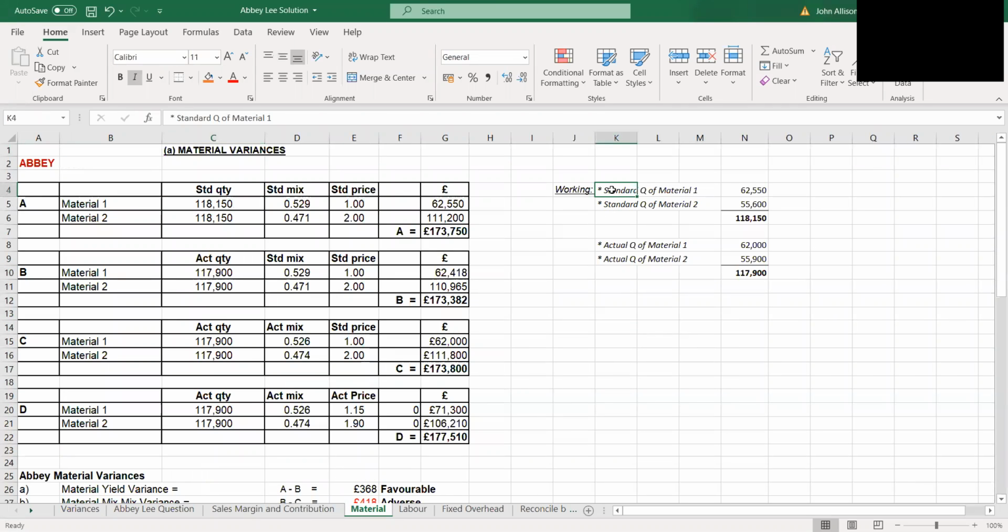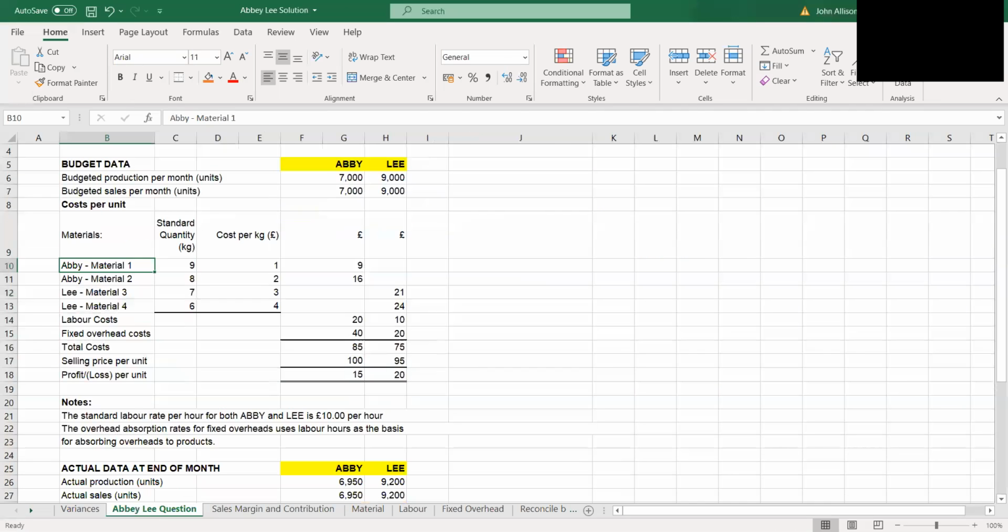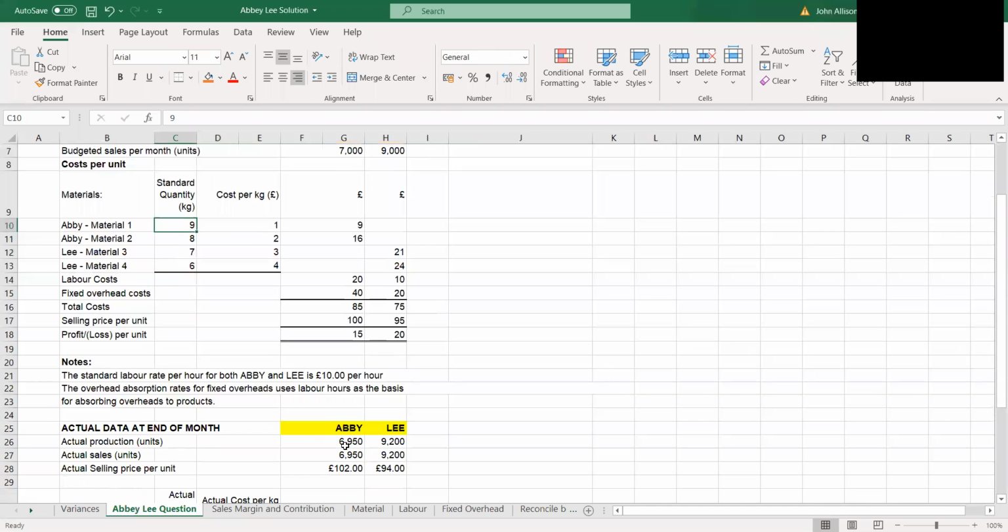First of all, we'll look at the total quantity of material 1. The total quantity of material 1 is going to be calculated as the amount of kilograms of material 1 we use, which is 9 kilograms per unit, times the actual number of units. So it's going to be 9 kilograms times 6,950 to give us the total amount of material 1 we use.